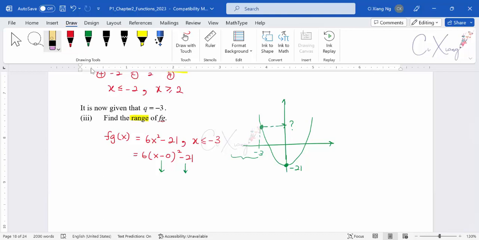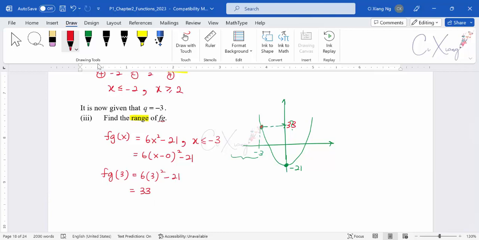To decide the value of y, we substitute 3 into my function fg(x). So I'm having 6 times 3 squared minus 21. From here I'll get the value 33.